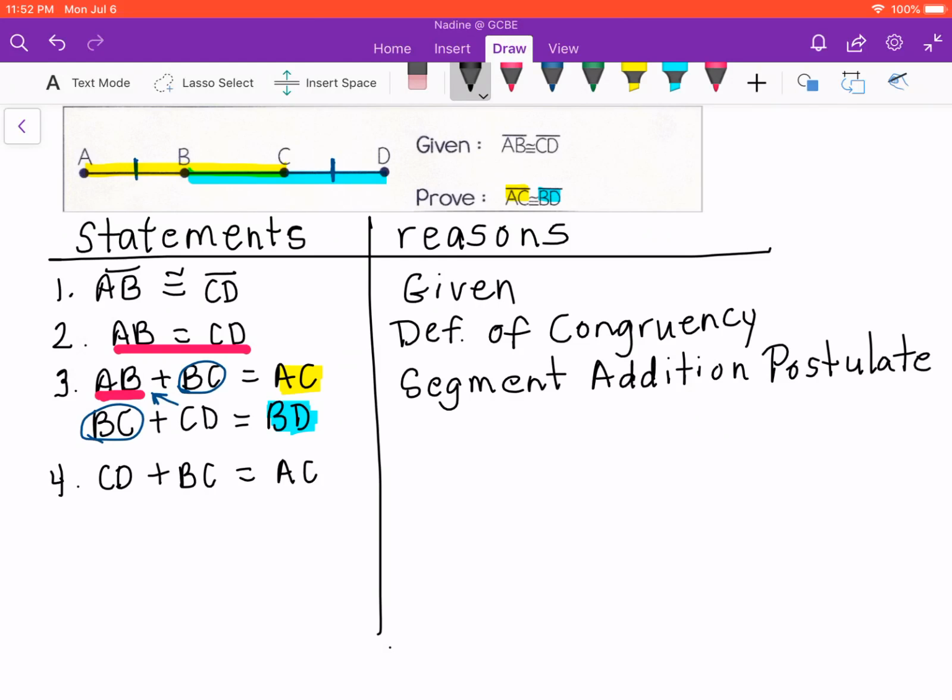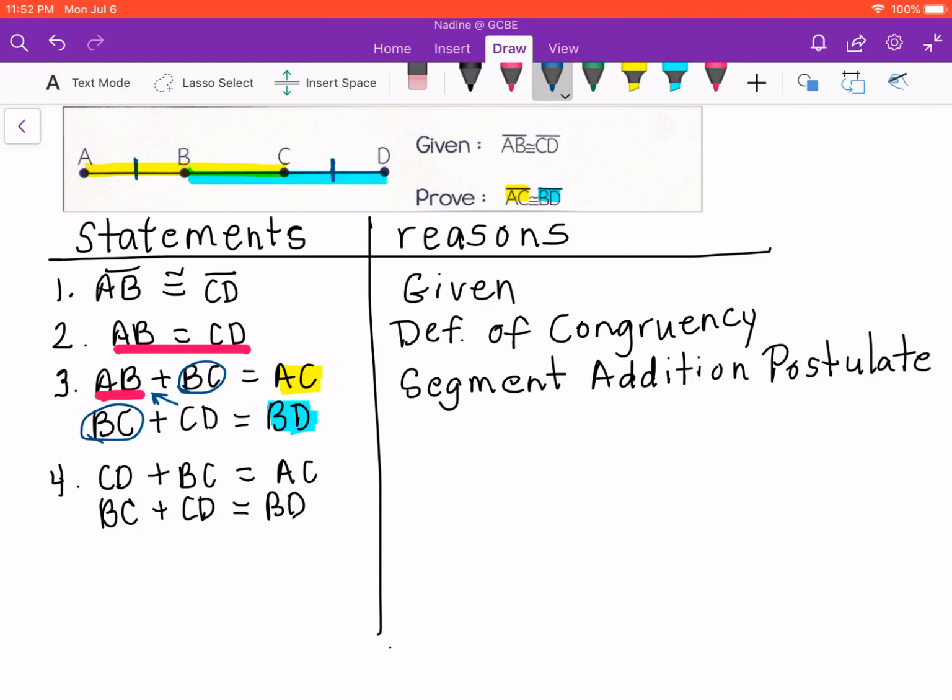Now I'm going to rewrite that second equation that we had: BC plus CD is equal to BD. I'm doing that just because I like to keep everything together, so I can see it and don't get confused.